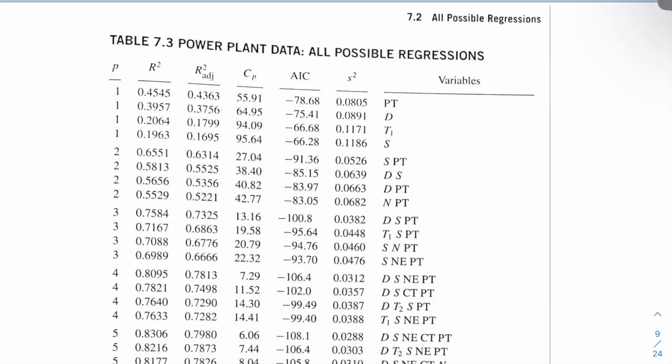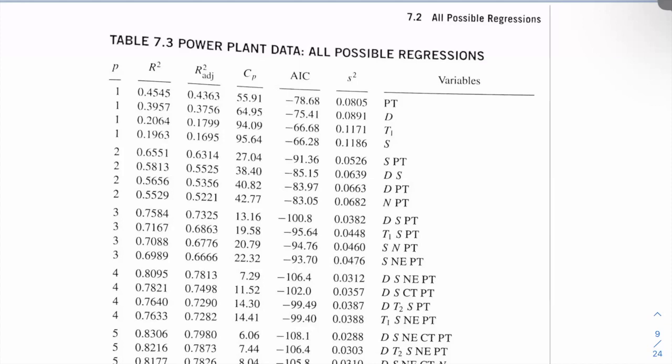There are a bunch of variables, probably 10, so there are a lot of models, like 1,024. Here p is the number of covariates you want to keep in the model, and they're reporting the top 4 models: the best 1 variable models, the best 2 variable models, the best 3 variable models, the best 4 variable models, and so on. For each one, the best according to the criteria.